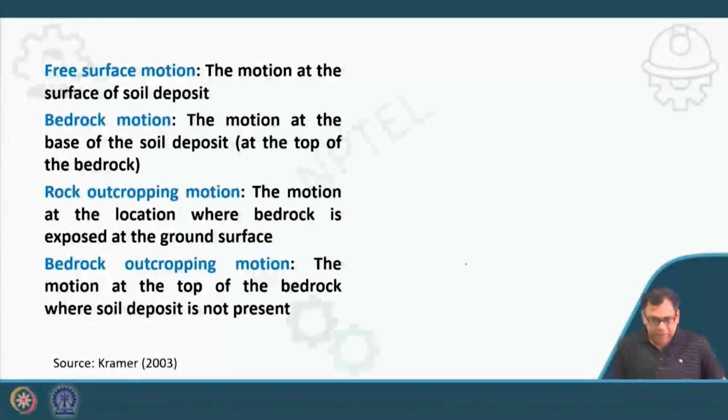Okay. Before we start this analysis, we should know the definitions of different things. The first one is the free surface motion, the motion at the surface of the soil deposit. Suppose I draw this: this is my ground surface and this is the bedrock.